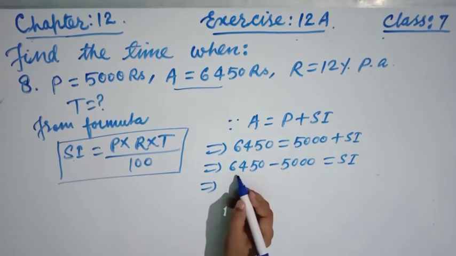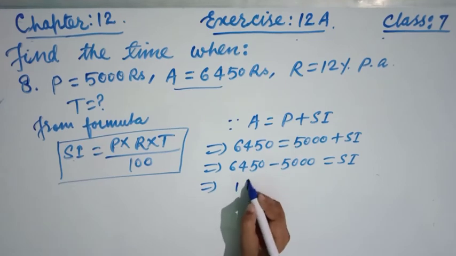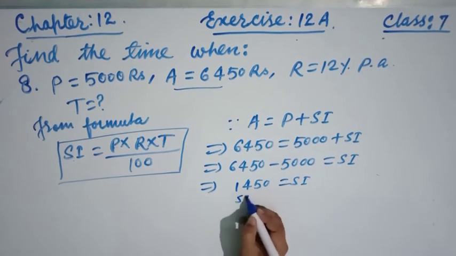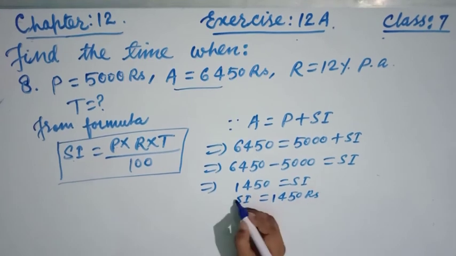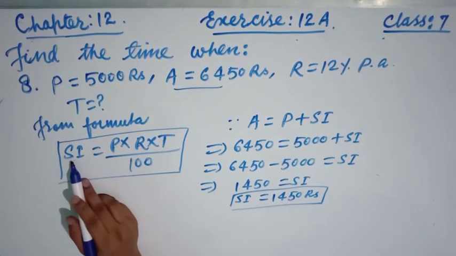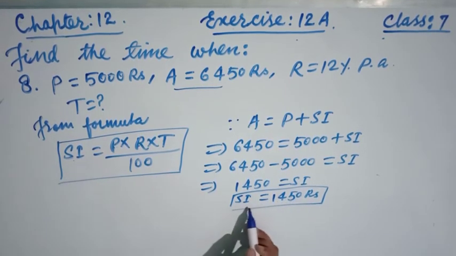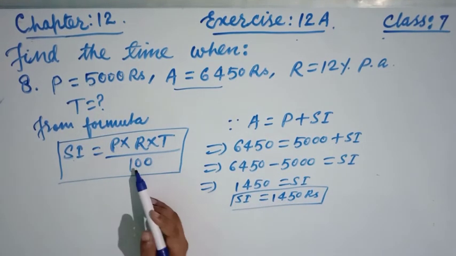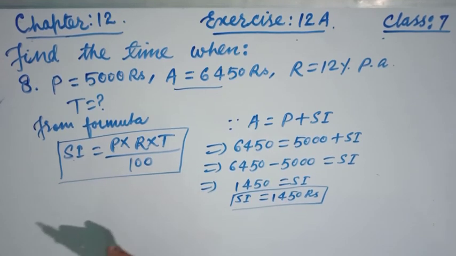Now 6450 minus 5000 is 1450 rupees, the SI. Then we can easily find the time T: put 1450 instead of SI, then P is given, R is given, and 100 is 100. Now we can easily calculate the time T as in the previous question.